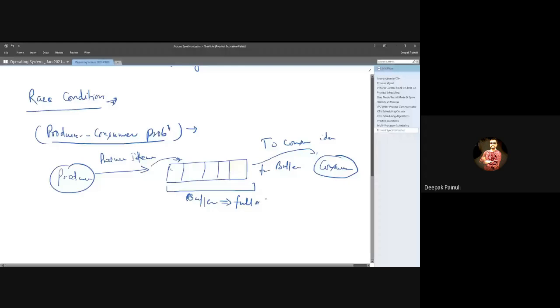In the full case, there will be overflow from the producer side, and in case of emptiness, there will be underflow from the consumer side. Right. So this is the problem we are discussing here, and by this example, we can understand what the race condition is, right?